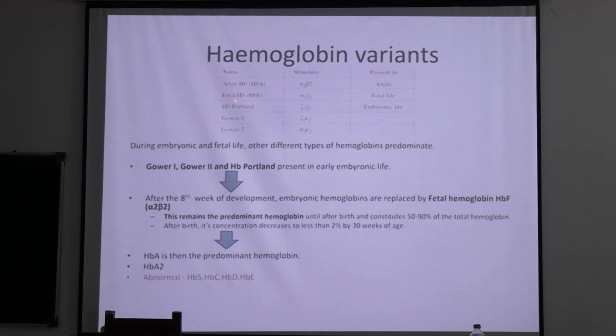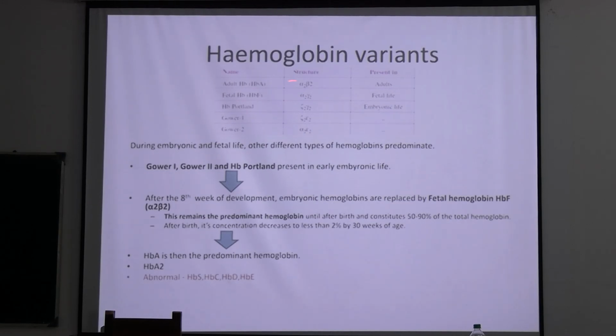In the embryonic life there are various hemoglobins present like hemoglobin Portland, Gower 1, Gower 2. You have to know the names only, you do not have to go into the details.